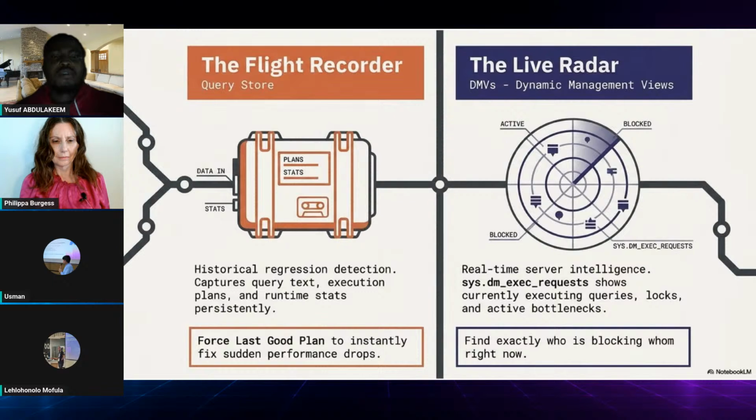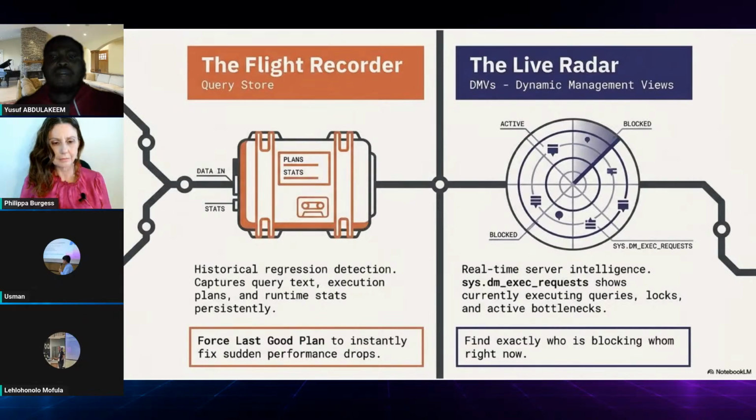Then the flight recorder, which is for Query Store. It captures query text, execution plans, and runtime stats persistently, so your historical regression detection can use it, and it forces the last good plan to instantly fix sudden performance drops.